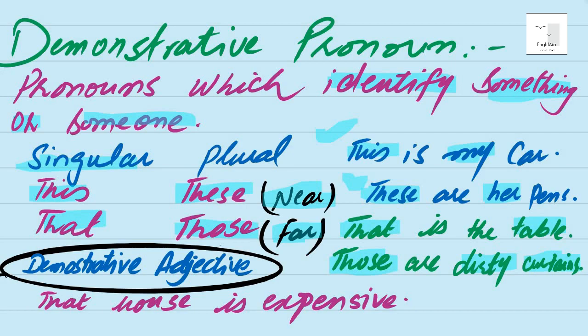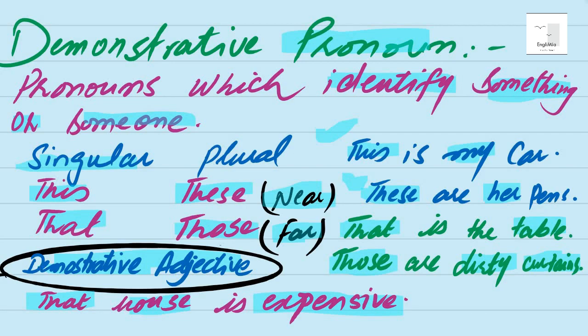Okay, अब यहाँ पे मैं आपको डेमोन्स्ट्रेटिव एडजेक्टिव के बारे में भी बताती चलूँ. इनको मिक्स मत कीजिएगा. Demonstrative pronoun is different than demonstrative adjective, and it could be very much clear with an example. So I have given an example over here. That house is expensive. It means that, as you know, that adjective is to qualify. Adjective means to define the quality of something or good or bad attribute of something or some place or any object.